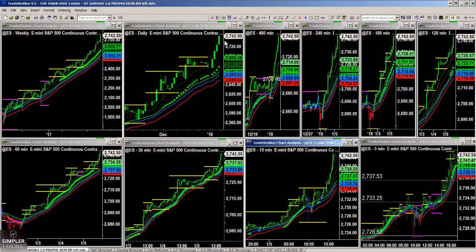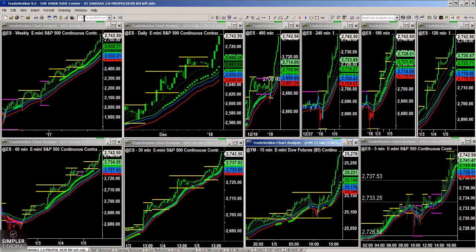Oftentimes the same tactic is going to be the same thing if we hit an all-time high and we're not in the market and we want to basically catch up with it. And that is typically to go to shorter term time frames that aren't the daily time frame in an effort to take advantage of the next stop and correction and discovery of support and then a resumption of the overall trend. So I'm going to walk you through that process right now.